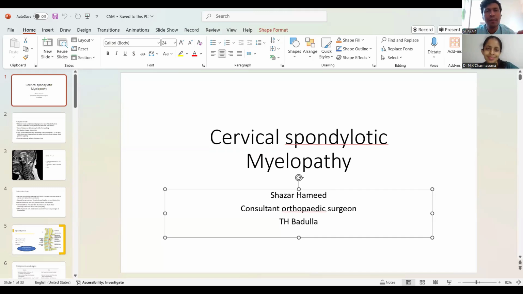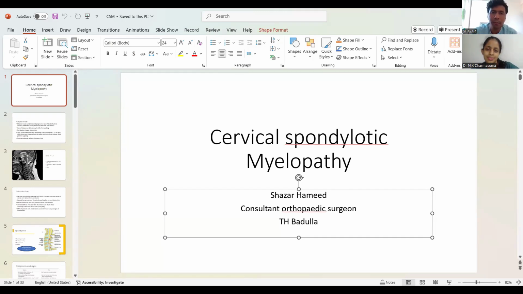Okay, so for cervical myelopathy, you can speak about so many causes. Cervical myelopathy means that your cervical spinal cord is compressed and there are physiological changes of cord dysfunction. One of the commonest causes of cervical myelopathy is cervical spondylotic myelopathy. Spondylosis is basically the degenerative process which happens, as I mentioned before.